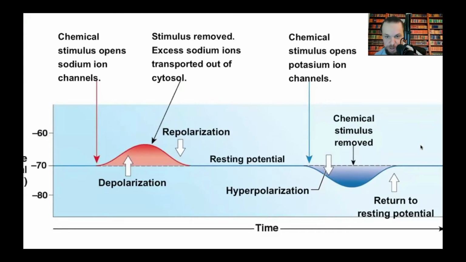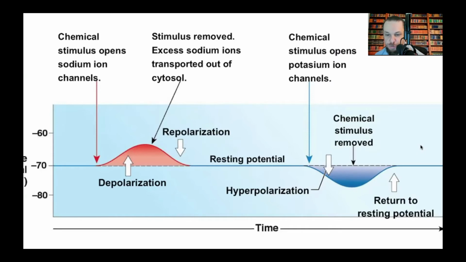Depolarization, repolarization. Once it does that, it goes to the resting potential, right? Once it reaches resting potential, it can either proceed to the next stimulus, or it can hyperpolarize.